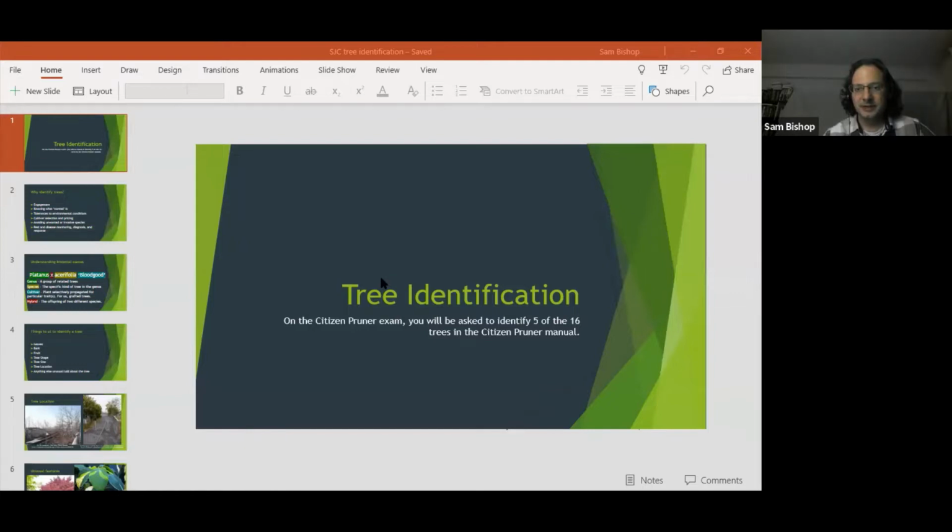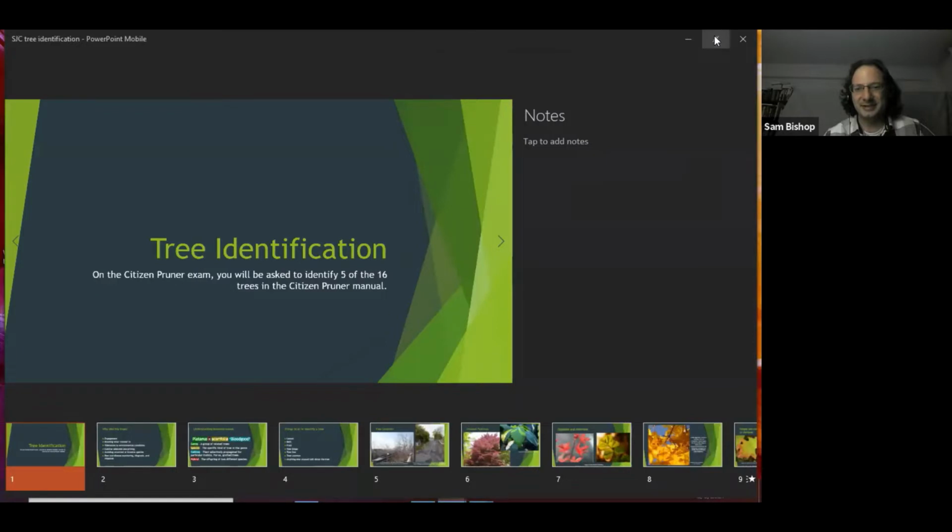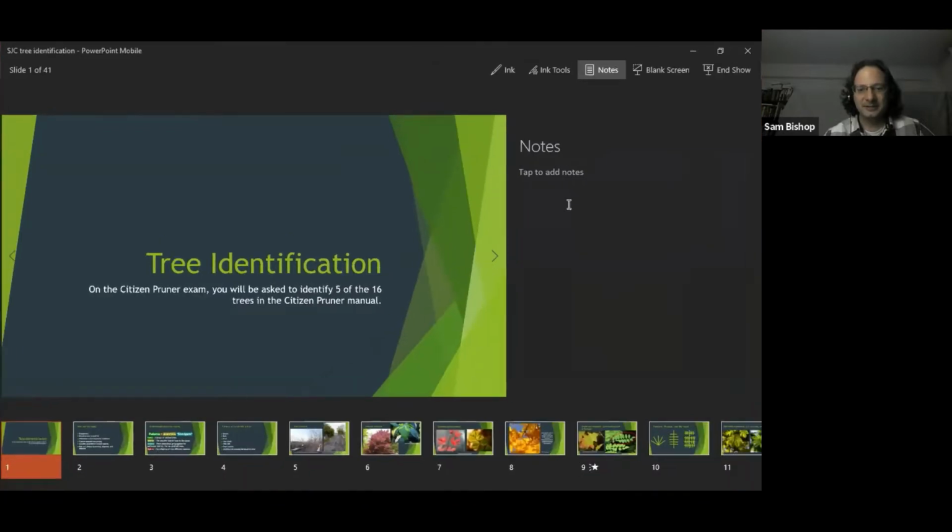So apologies for any little references scattered about in the material for citizen pruners. I took this from my usual citizen pruner class tree identification part of the class slides.